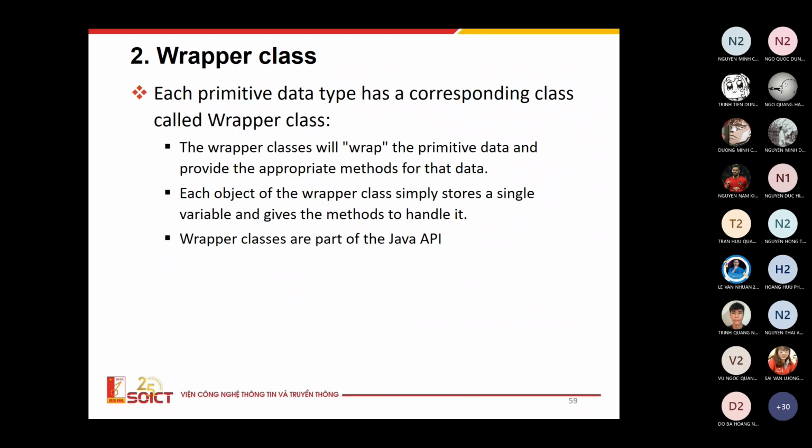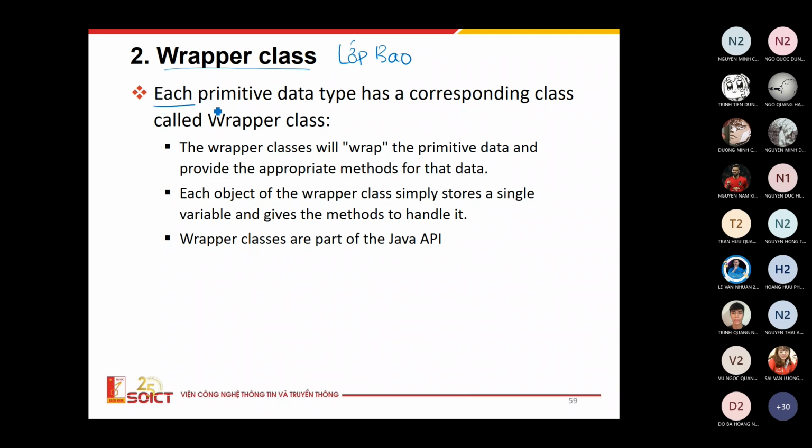And we talk about the wrapper class. You know that in Java we have the primitive data types. Java creates for each primitive data type a corresponding class and calls it the wrapper class.